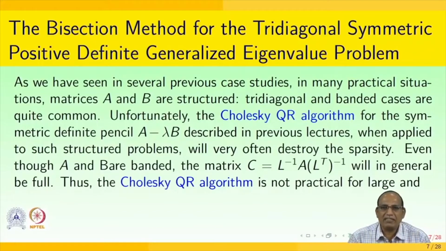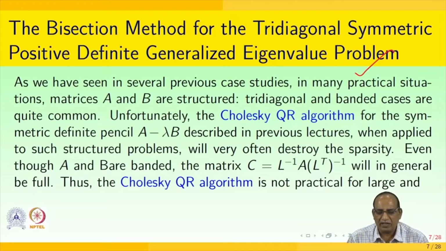The bisection method for the tridiagonal symmetric positive definite generalized eigenvalue problem. As we have seen in several previous case studies, in many practical situations, matrices A and B are structured. Tridiagonal and banded cases are quite common.